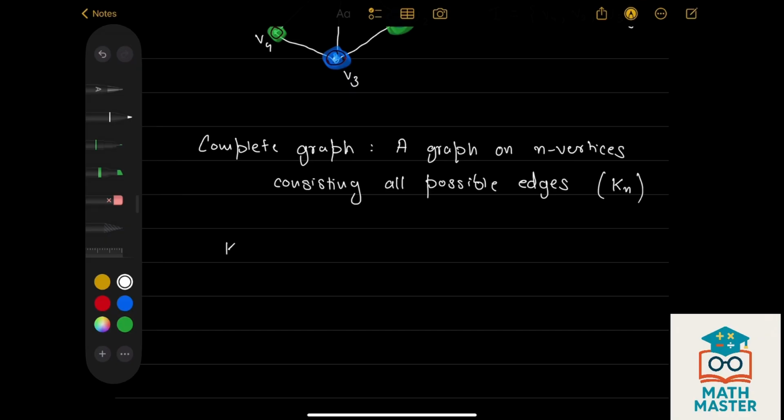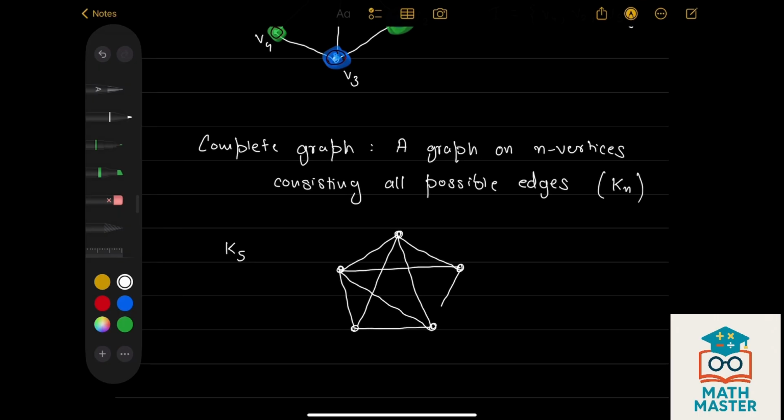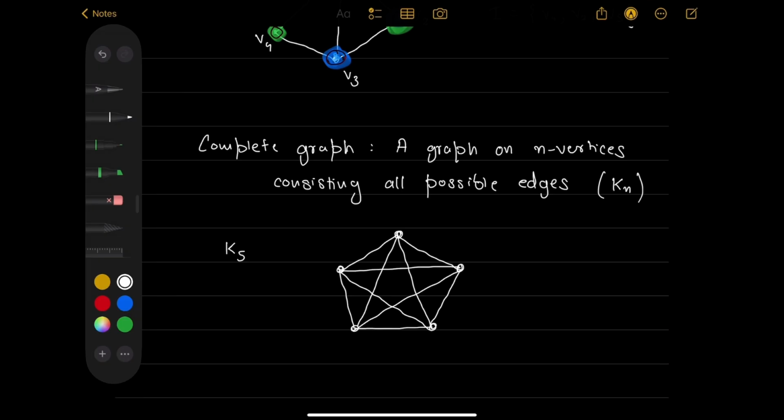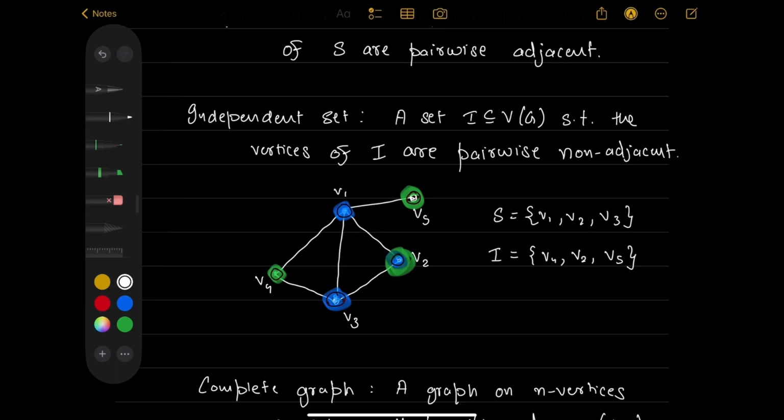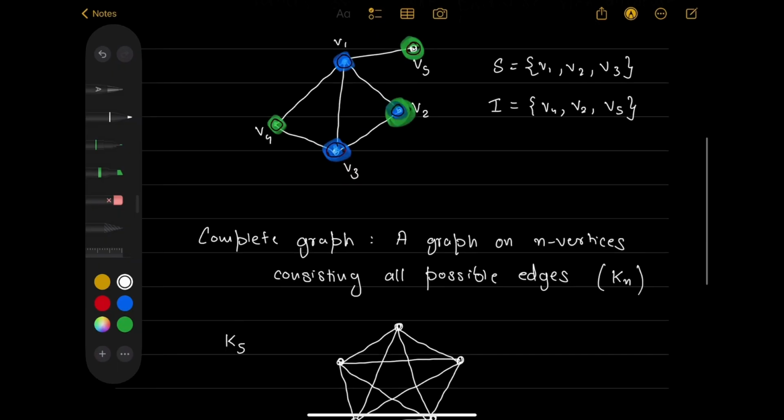So what do we mean? K5 will be a graph on 5 vertices and all possible edges will be there. You must know that all the things I will be talking about here are about simple graphs only. So you can see that all possible edges are there. This is a K5. Similarly, you can draw K4, K3, K6 and all that. These are simple notations, but for the sake of completeness I am going through these.